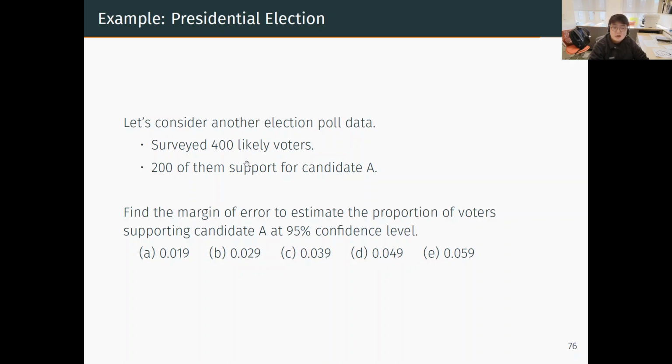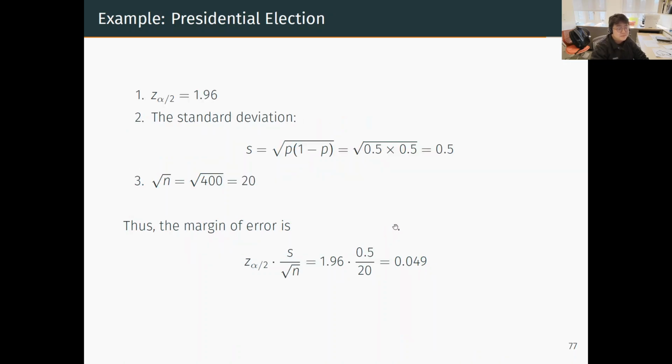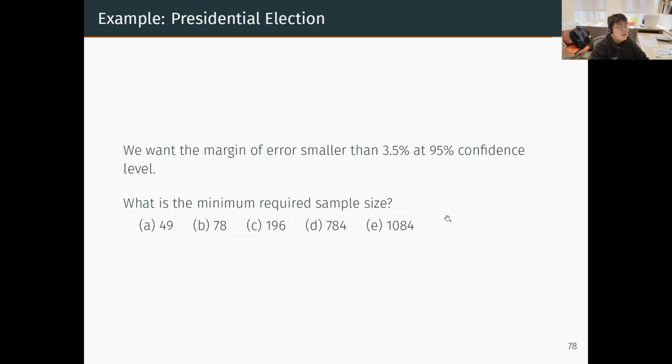That means, as a result of this survey, you get 4.9% point margin of error, right? You have to allow a certain margin around the point estimator, okay? Now, I want you to reduce the margin of error by collecting more data, surveying more people, right? So your target is now 3.5% point, right?